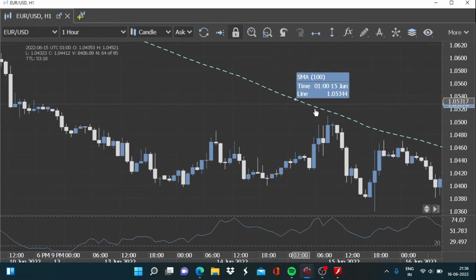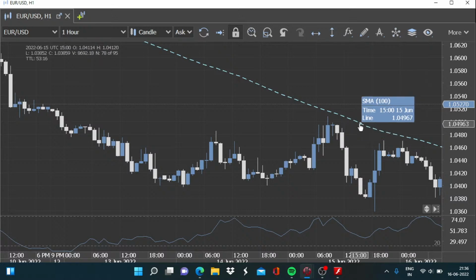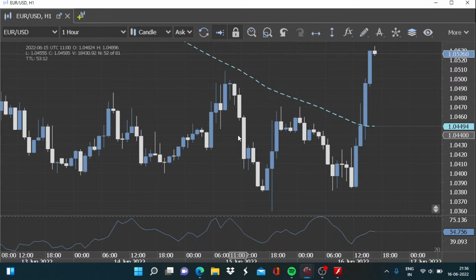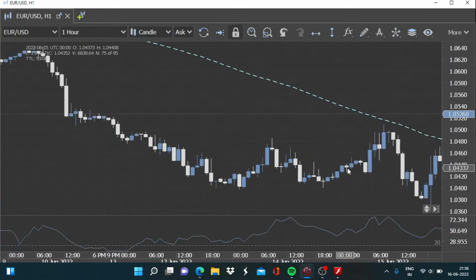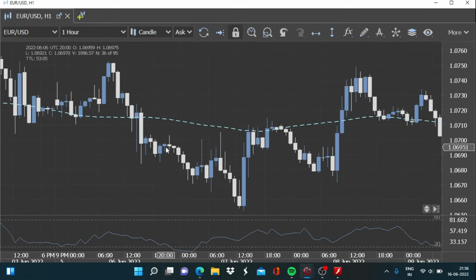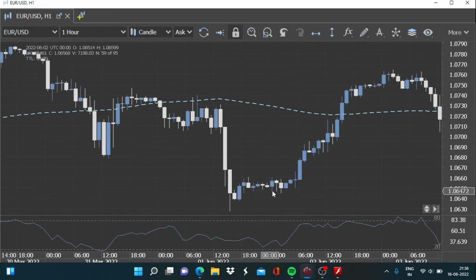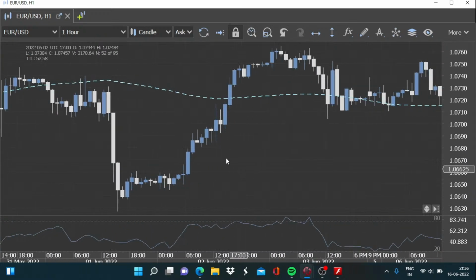If we see the SMA line for the given time frame is in decline, that means the underlying instrument has been trending bearish, the average price move has been on the downward side. And if the average price is on the rise, that means on an average, the underlying instrument has been rising for the given calculation period.